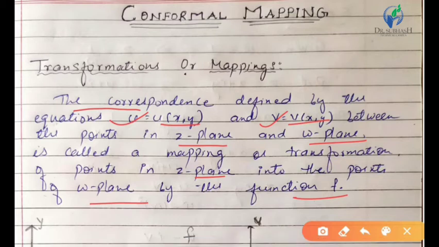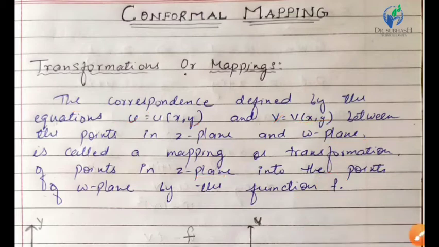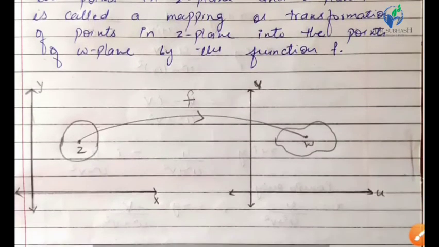What we have to do here is, using the function f, we will transform the image from z plane to w plane as shown in the image here. Here we will be given some image or equation.